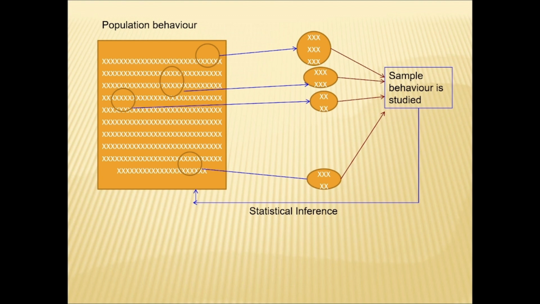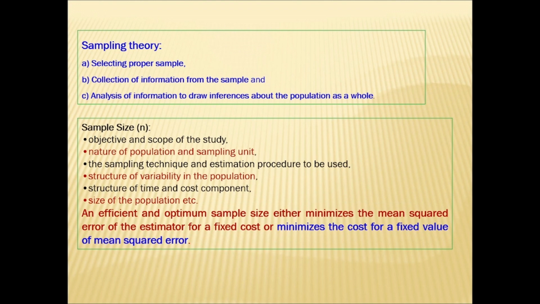Our objective was to infer about the population characteristics, and because of constraints like time and resources, we take a sample, collect sample observations and data, analyze the sample data, and based on it, infer about the population. This is the conventional way. Nowadays, with so much development of statistics, data analysis, and other things, this process has been modernized and modified.